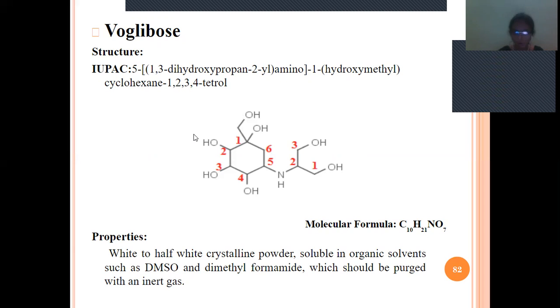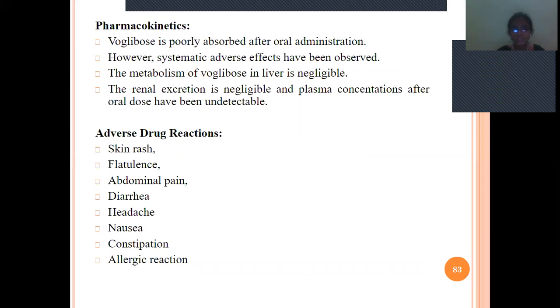Properties: it is a white to off-white crystalline powder, and it is soluble in organic solvents such as dimethylformamide and DMSO. Pharmacokinetics: it is poorly absorbed by the oral route of administration. Systemic adverse drug effects have been observed, and metabolism in the liver is negligible, and it is eliminated through the urine.